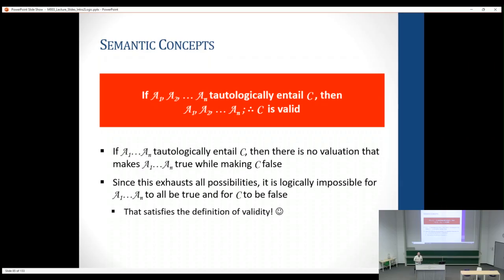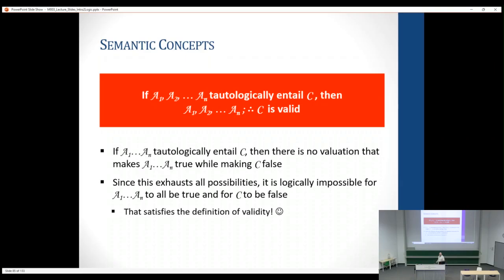So the cool thing is now we have a tool to test for validity. We can test arguments for validity. We take the argument, we symbolize it into TFL, we put it into our truth table, and we see, is there even one valuation where the premises are true and the conclusion's false? If there is no such valuation, the tautological entailment relation holds, which means it's valid.